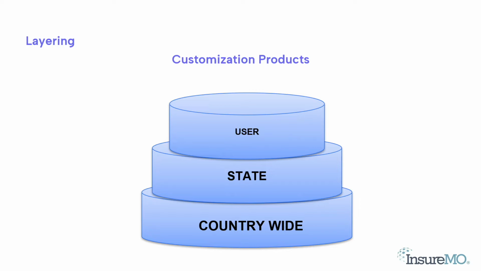Those two layers together make your standard ISO product. And then when the user makes his changes, those changes will sit under the user layer. The user layer will sit on top of the ISO standard product, and the combination of all these layers makes the customization product.